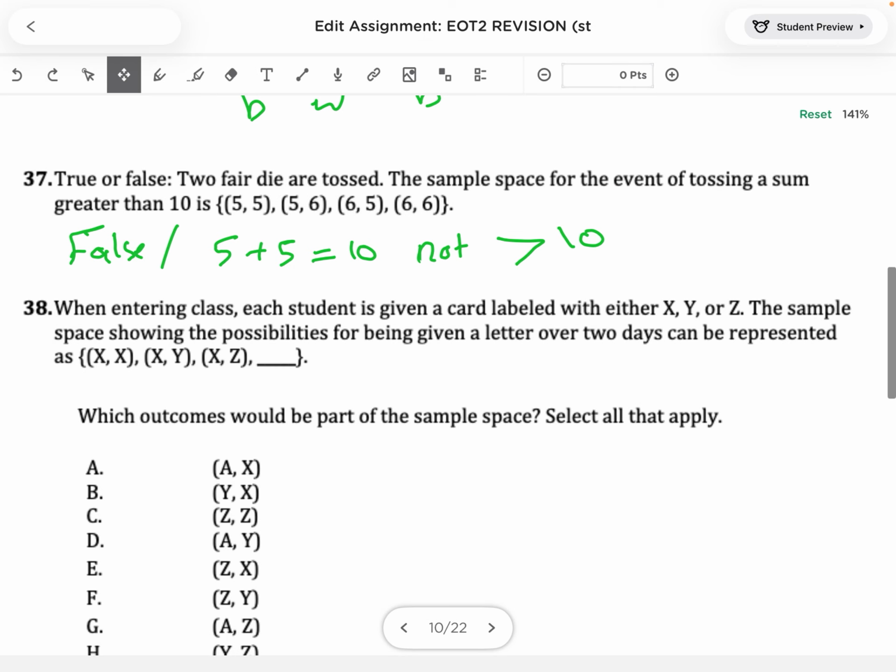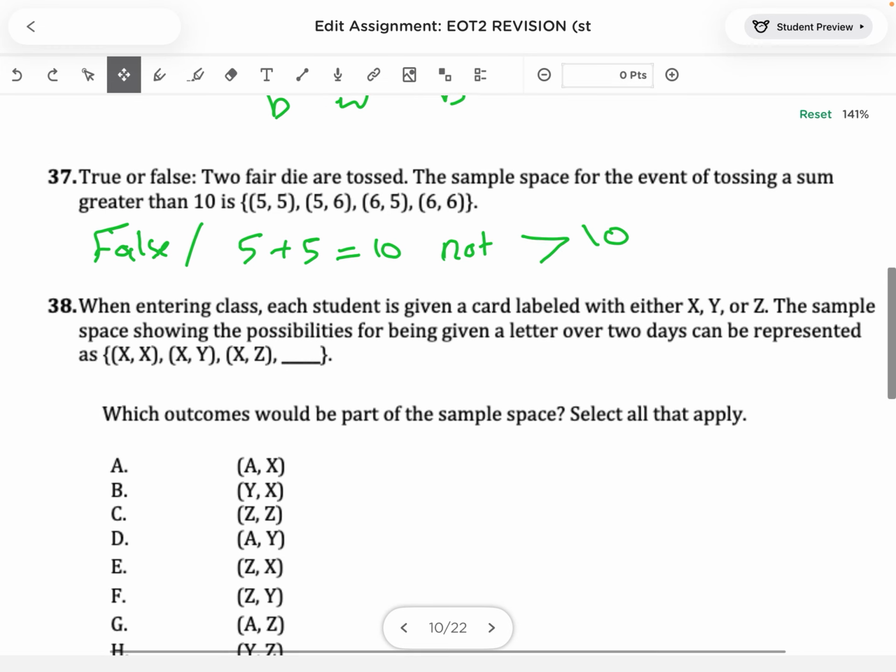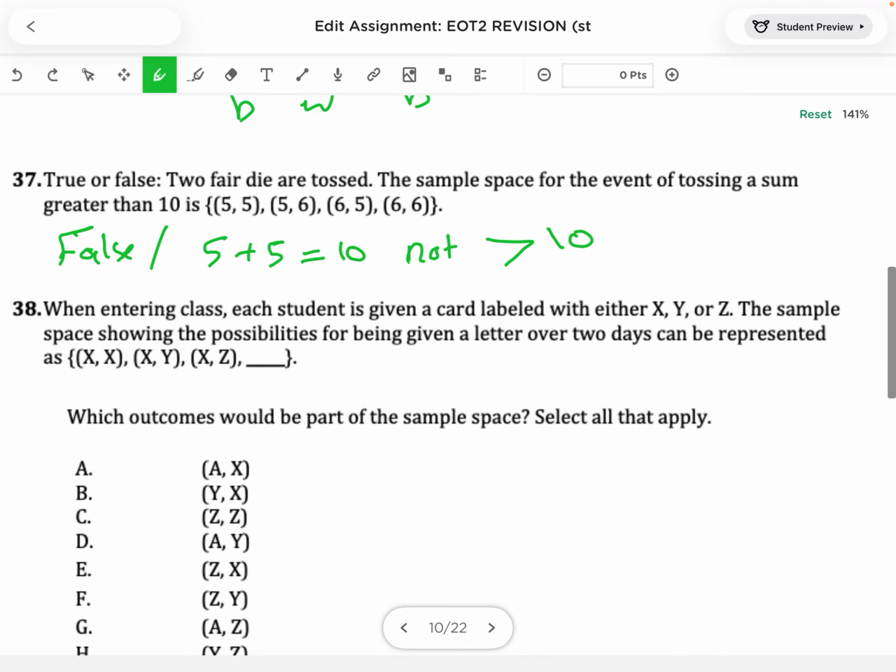Entering a class, each student is given a card X, Y, and Z. The sample space possibilities of being given a letter over 2 days only. So the sample space is XX, XY, XZ, YX, YY, YZ, ZX, ZY, and ZZ.